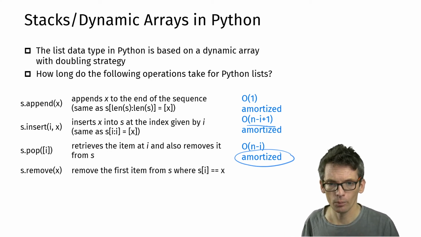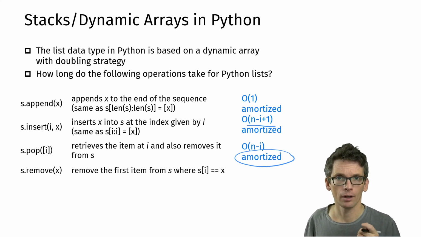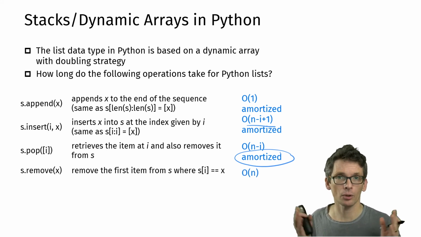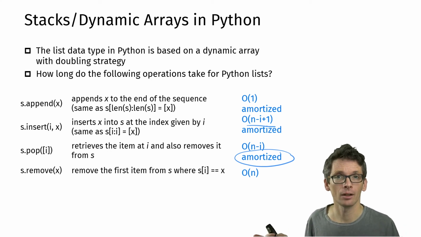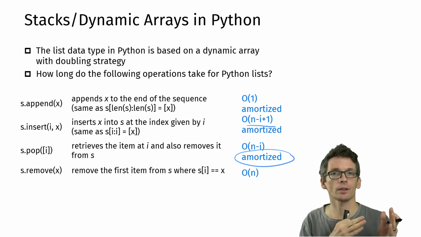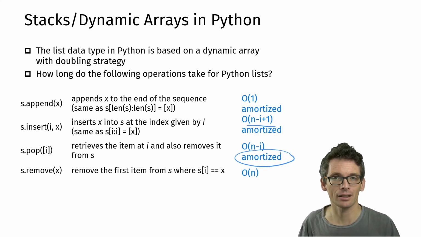And for instance, remove on a Python list, which corresponds to removing the first element in the array, actually takes linear time. And now you can ask, why isn't that amortized? Because also in the worst case, if I have to copy, that takes linear time, so it doesn't matter that different things are happening.